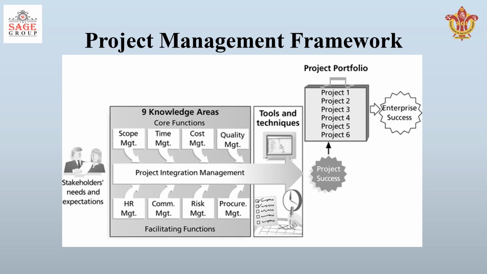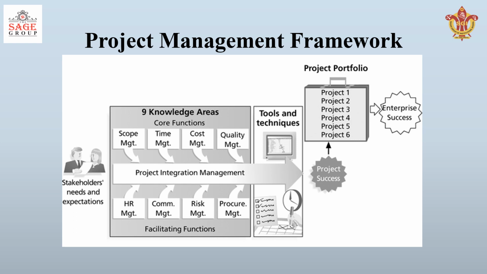The 9 core areas can be again broadly divided into two types of areas or two specializations. The first are the core functions, which consist of scope management, time management, cost management, and quality management. So basically these are the core ideas. Once we are looking into the implementation of the project, we have to see that the scope of the project is being taken care of.